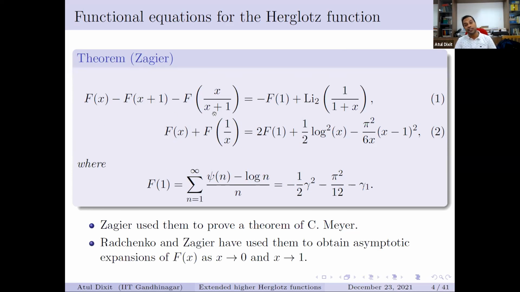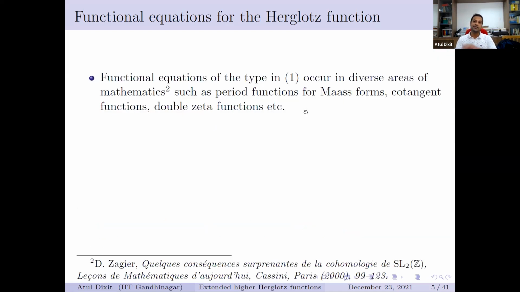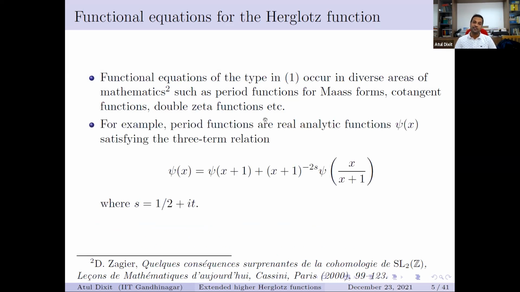If you look at this three-term functional equation, something like this occurs in diverse areas of mathematics, as diverse as, let's say, Maass forms. When you look at period functions associated with Maass forms, then cotangent sums, double zeta functions, etc. So for example, the period functions associated with Maass forms are real analytic functions psi of x, which satisfy a three-term recurrence relation.